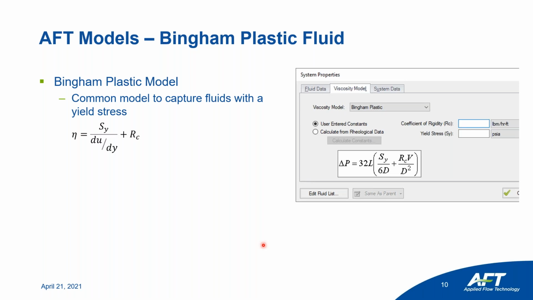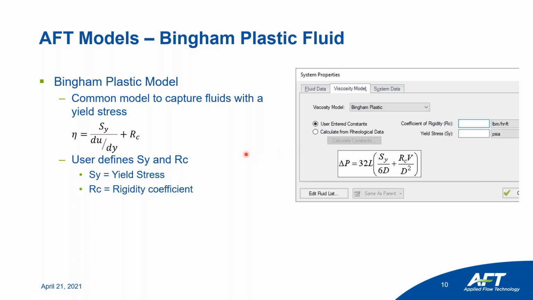In this model, we can say that eta, our apparent viscosity, is equal to that yield stress divided by our shear rate plus our rigidity coefficient, or our plastic viscosity. The user is going to define SY, our yield stress, and RC, our rigidity coefficient, in the software.